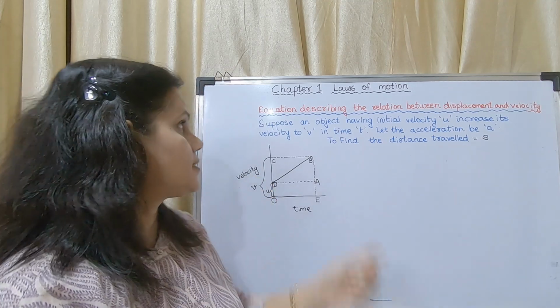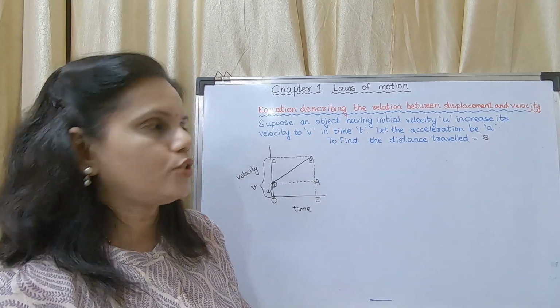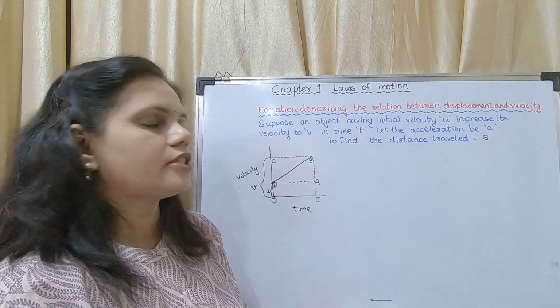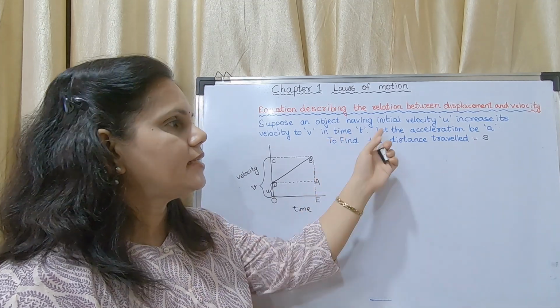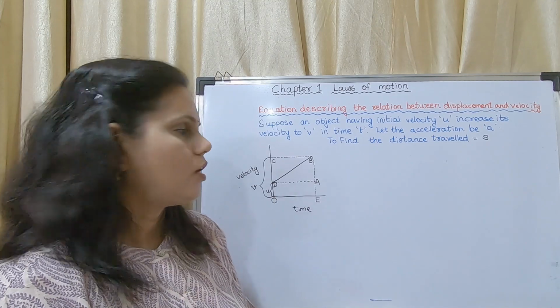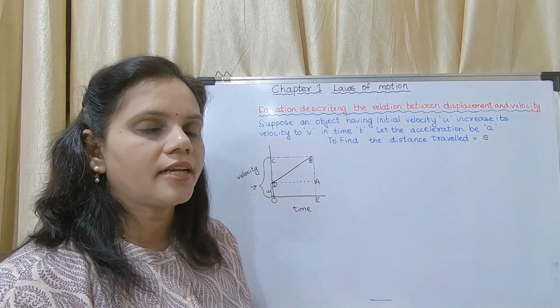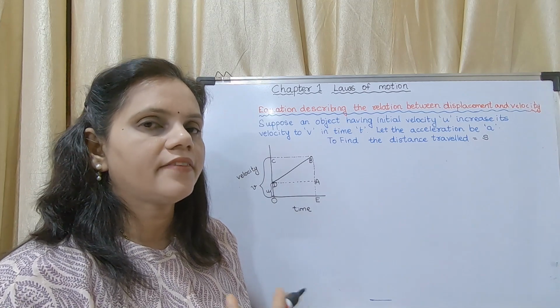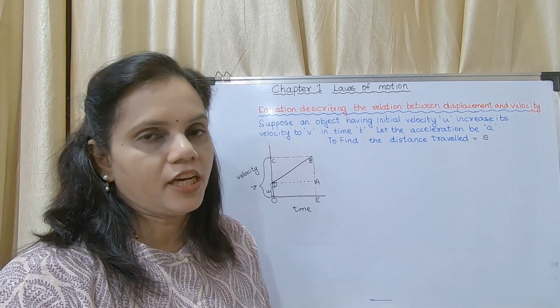Suppose an object having initial velocity U increases its velocity to V in time t. Let the acceleration be A. So the object is with an initial velocity; it is not starting from 0, it is starting from some other value, meaning we are taking from that value.